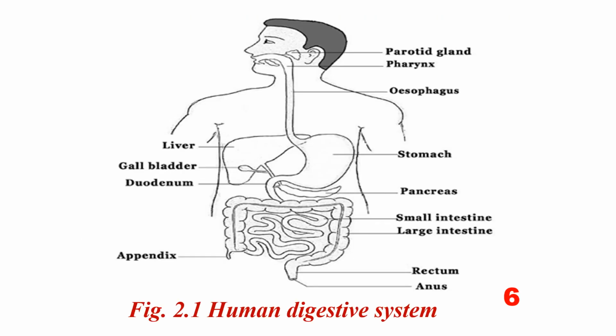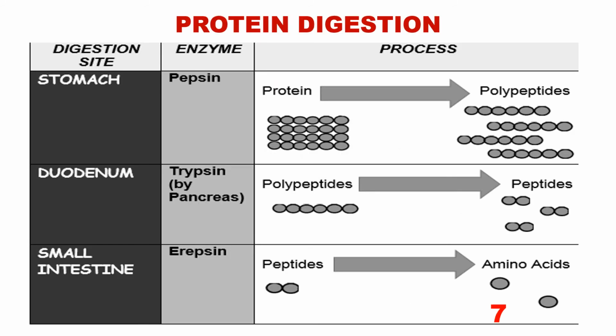From the stomach, the food will move to the duodenum and come into the small intestine. The first part of the small intestine is what we call the duodenum. They will react with an enzyme called trypsin, which is secreted by the pancreas. When trypsin reacts with polypeptides, it breaks the polypeptides into peptides, which are smaller.